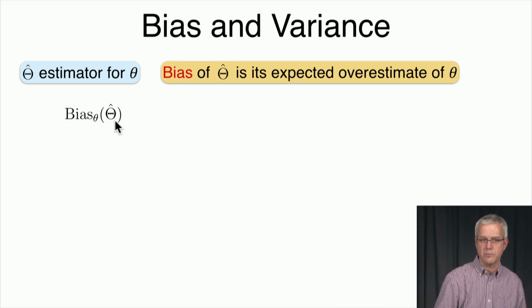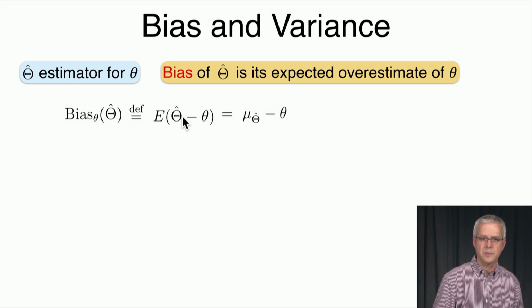So just written here, the bias of the estimator theta hat, which is a random variable, for the parameter theta, is just the expected value of theta hat minus theta, which is the same as the expected value of theta hat, or its mean, mu theta hat, minus theta.